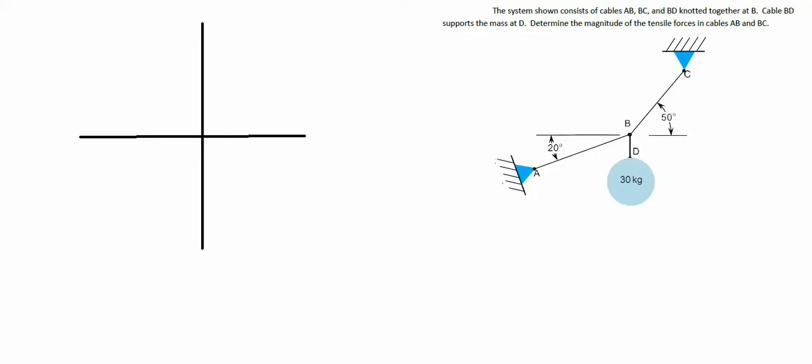So here we have a tension in AB, but you want it to be away from point B, so you have it in this direction, FAB. And you also have another tension in the cable BC, and that force is also away from the point B.